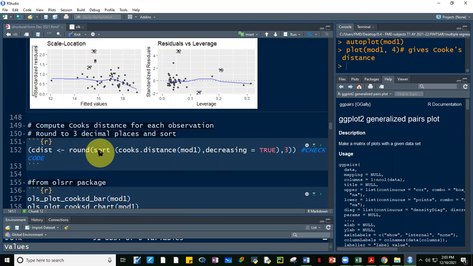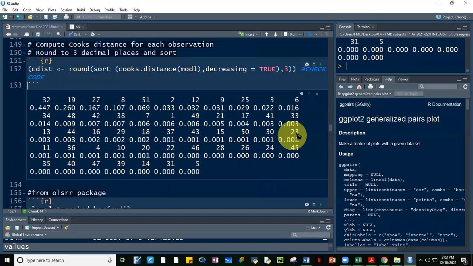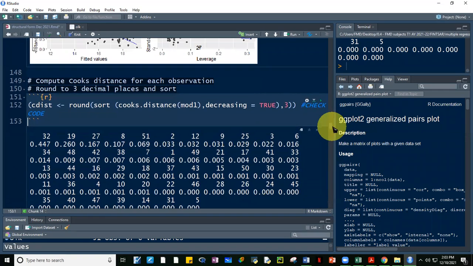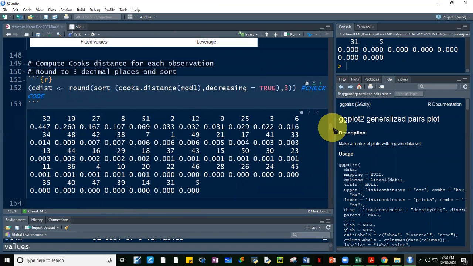Okay, so we can round and sort the Cook's distance of model 1, decreasing, and then 3 decimal places. So let's just check this. So ito, guys, number 32, 0.447, number 19, 0.26, number 27, that's 0.167.